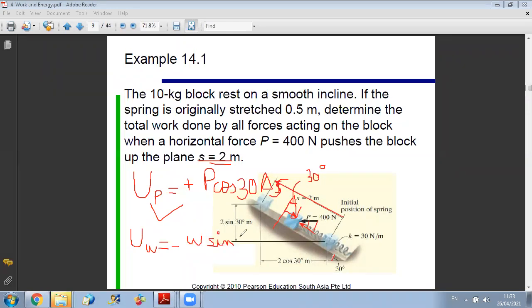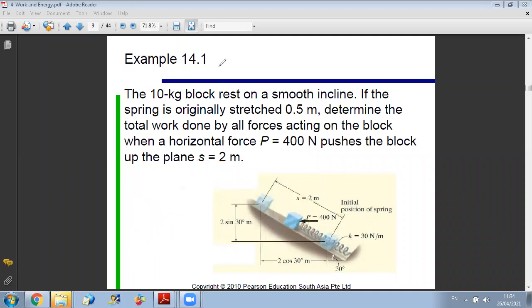Or another method is to use the formula minus W delta Y. If you want to use minus W delta Y, all you have to do is find what delta Y is. Let me erase so you can see it better. When you go upward, what is delta Y?